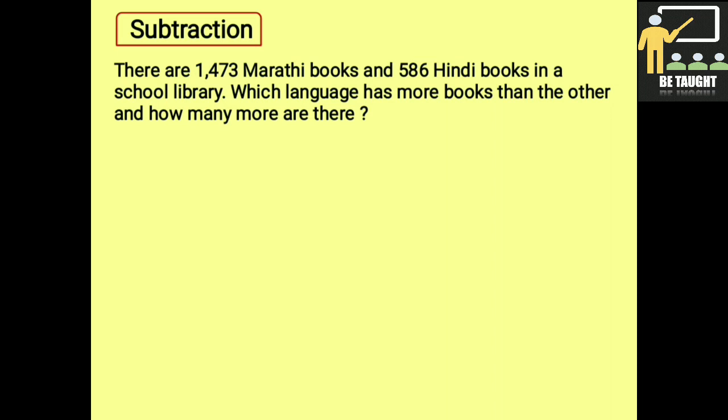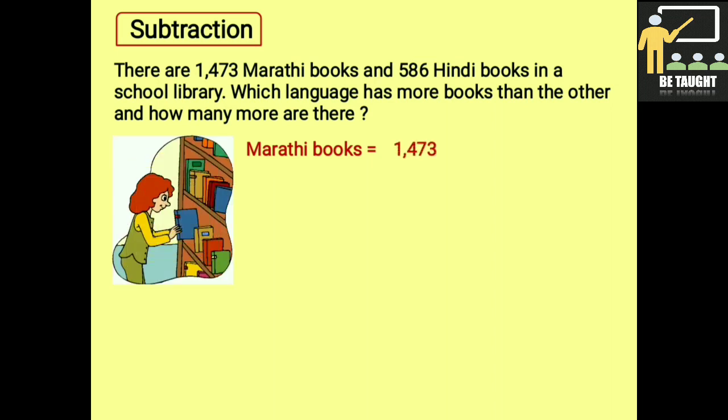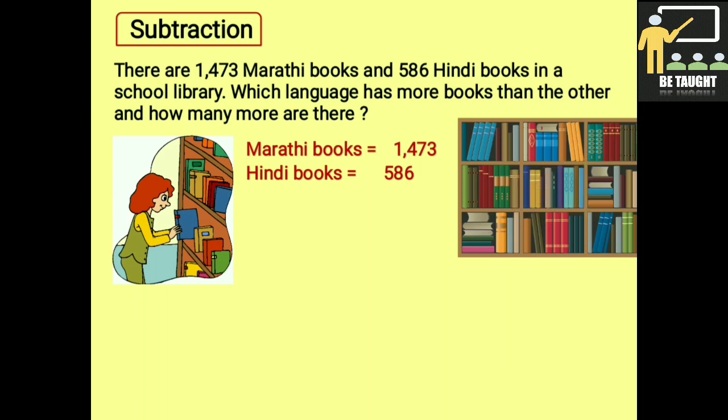So what information is given? We have Marathi books, that is 1473, and Hindi books, that is 586. Which language has more books? Yes, it is the Marathi books. And what is asked? How many more books in which language?